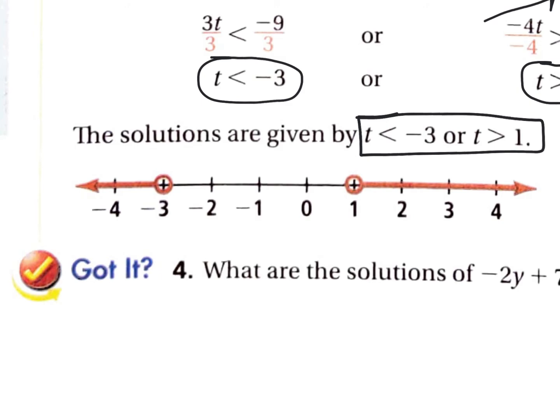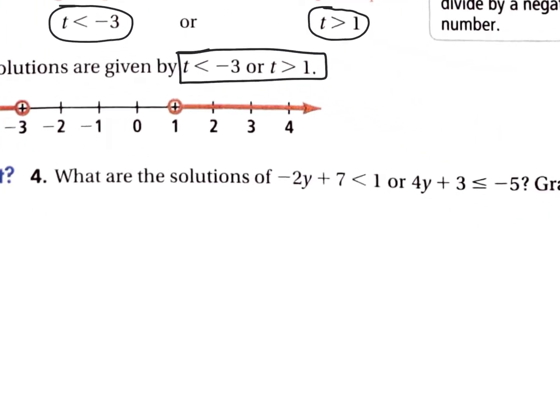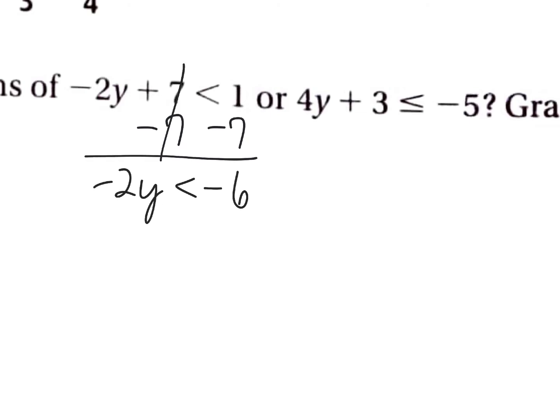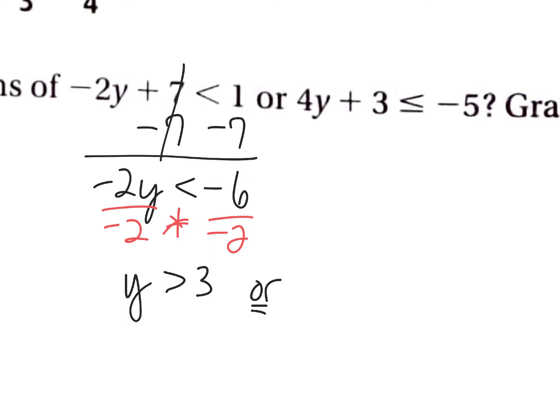So similar idea if you look at the got it 4, we're just going to solve those out and then graph those. So the first one, they're adding 7, we can subtract 7. And then they're multiplying, so we can divide. I'm dividing by a negative, so that is going to change my inequality. Negative divided by negative is positive. On the other inequality, they're adding, so we can subtract.